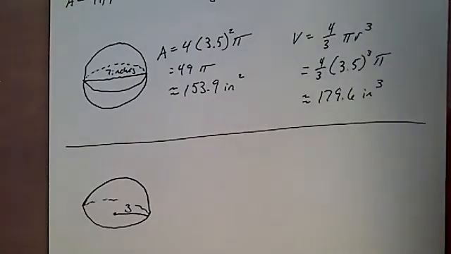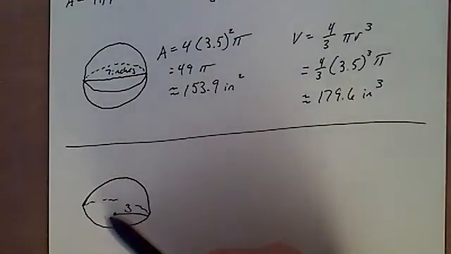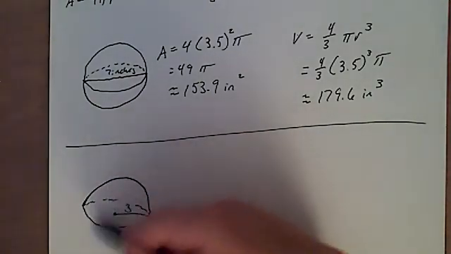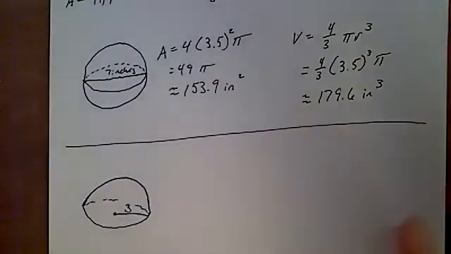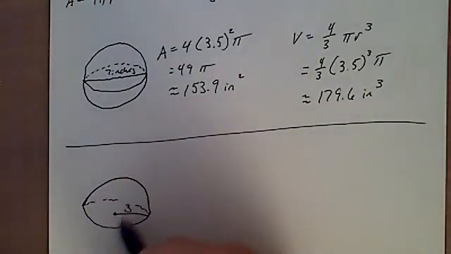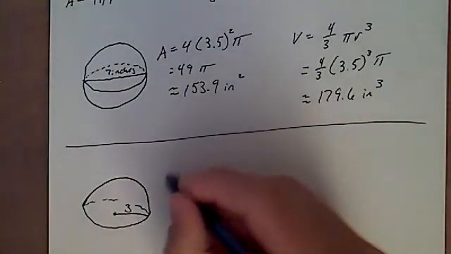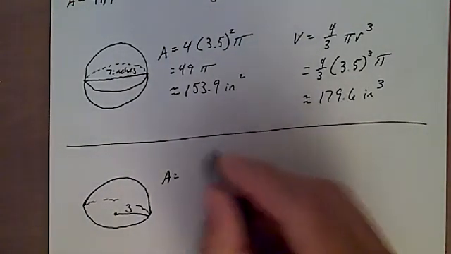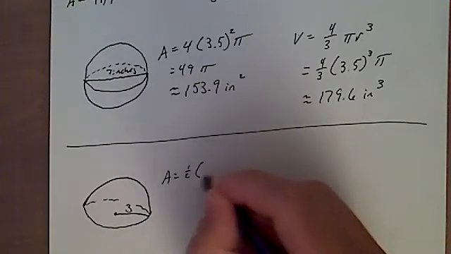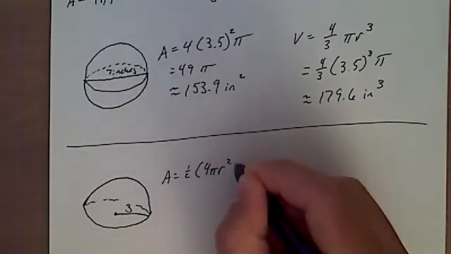It actually has more than half, because it has half the area just on the rounded part, right? But then it also has a base, which is the size of a circle. So our area here is actually going to be half 4 pi r squared, right?